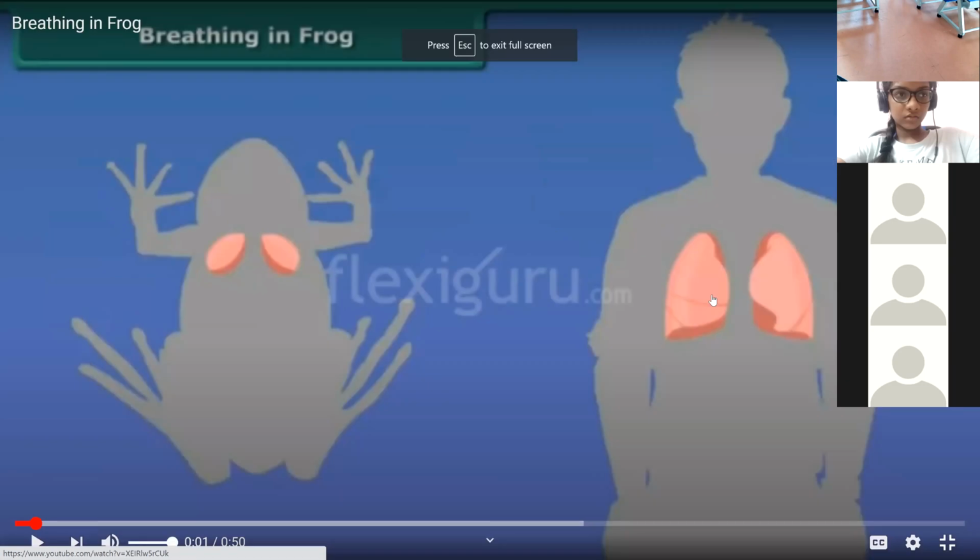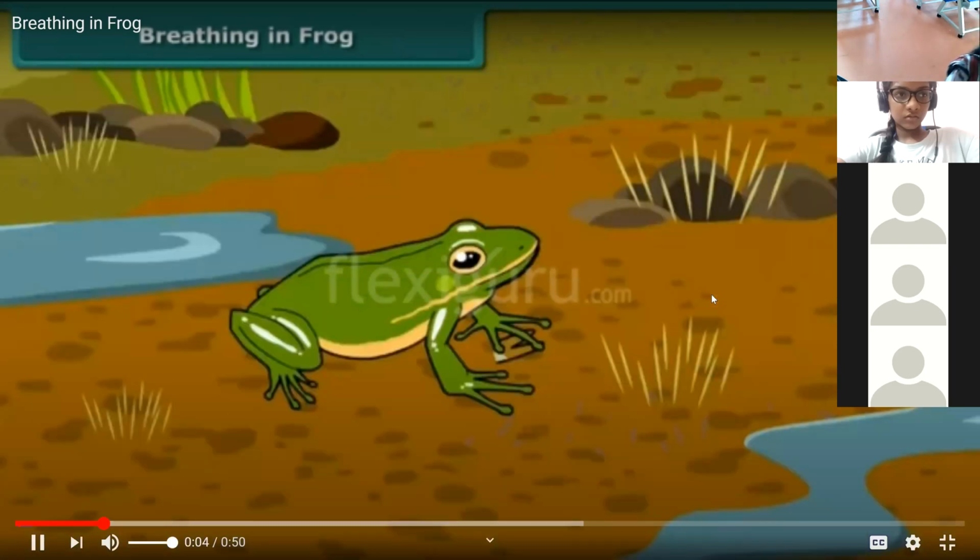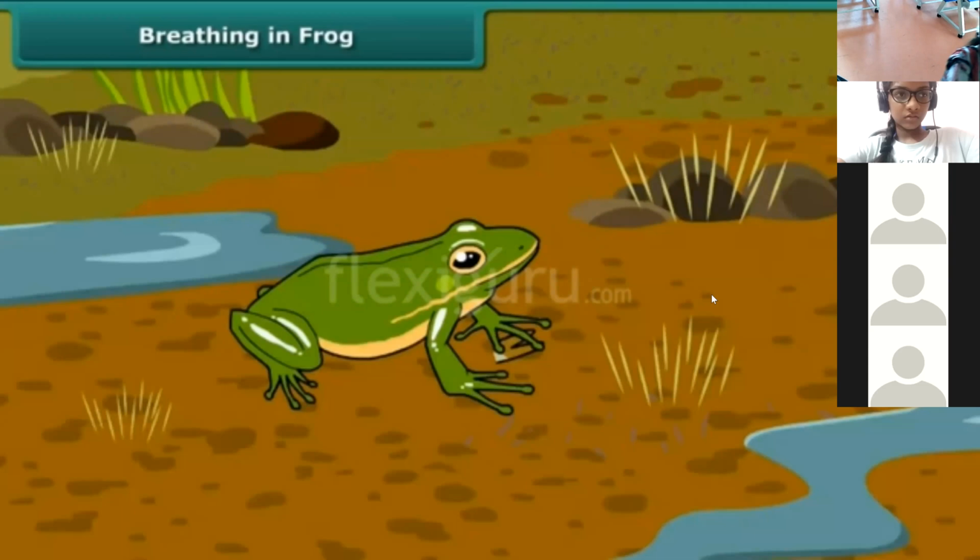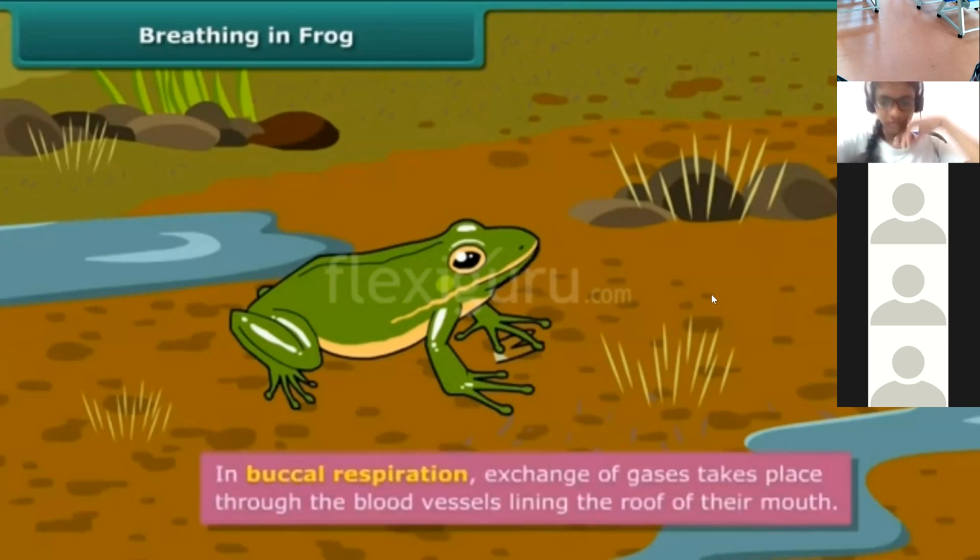Human beings. Frogs, like human beings, have lungs. They use their lungs for breathing. But since their lungs are not well developed, they use two other types of respiration. One is buccal respiration and the other is cutaneous respiration. In buccal respiration, oxygen is absorbed and the blood vessels that line the roof of their mouth expel carbon dioxide.